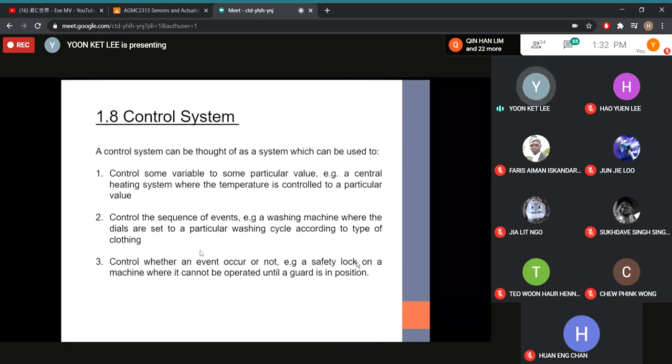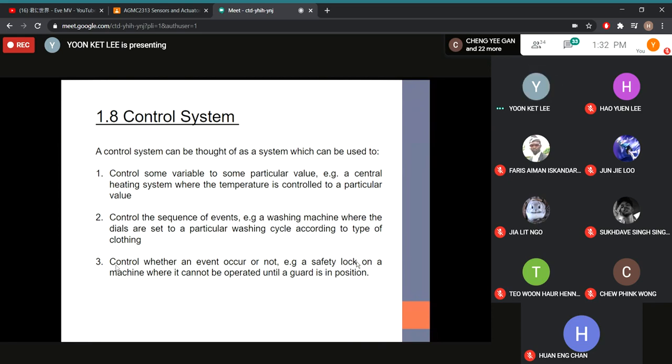The second is we want to control the sequence: A happens, then B, after B then C and D. And the third one will be the event or not, for example, like a safety lock. Okay, these are the 3 types of controller, which is the sequential controller.